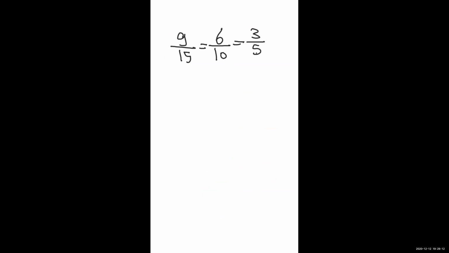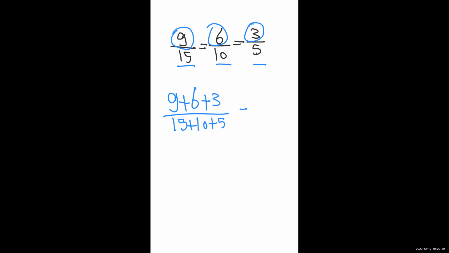So if I add all antecedents, we agreed that the antecedents are the numbers in the numerator, so 9, 6, 3: 9 plus 6 plus 3 over 15 plus 10 plus 5. So it will equal 9 plus 6 is 15, plus 3 means 18, over 15 plus 10 is 25, plus 5, it's 30.